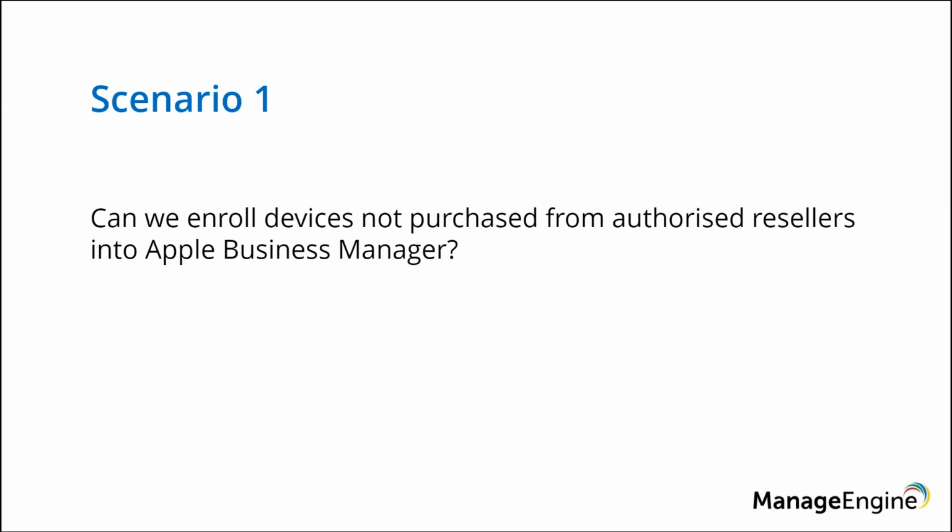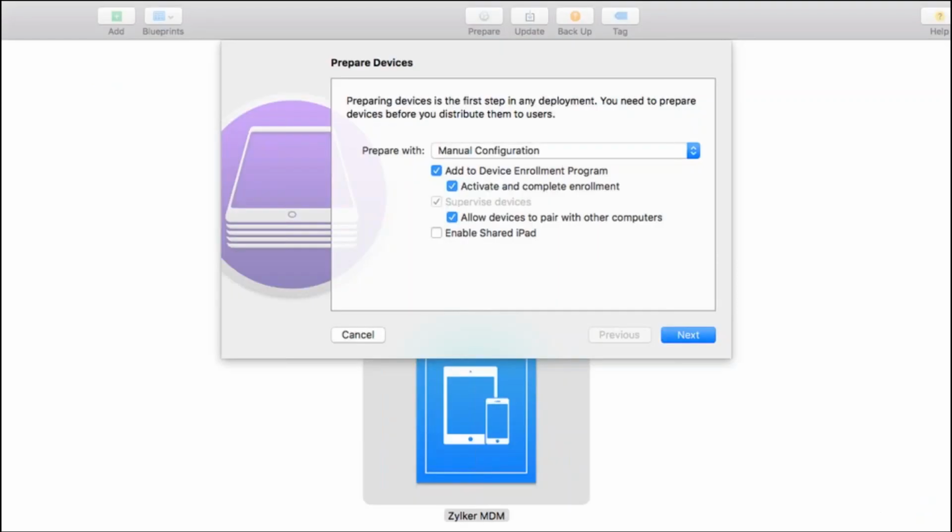Using a Mac machine and software called Apple Configurator, you can manually add each and every device to your Apple Business Manager solution itself. That is possible if your iOS devices can be upgraded to any version above 11.0. So this would be the solution you can use.